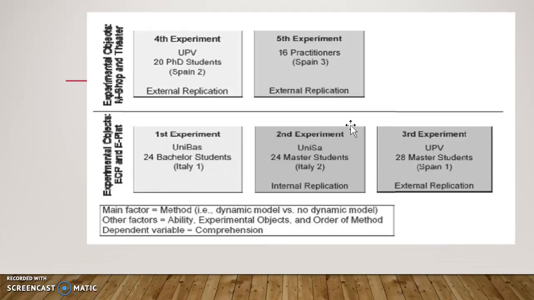In Italy 2 and Spain 1, the same experimental objects as in Italy 1 were employed. The fourth and fifth experiments were differentiated replications whose goal was to repeat the first experiment with different participants and experimental objects, conducted by an independent group.